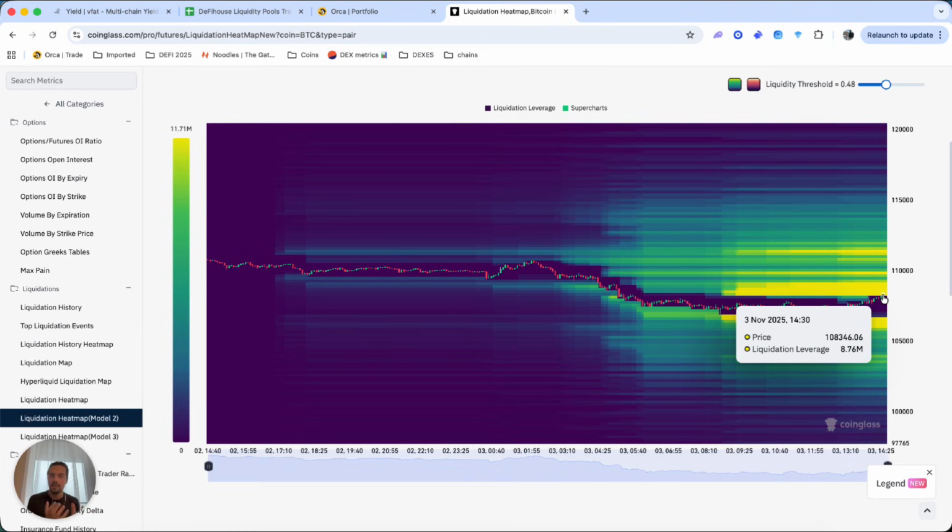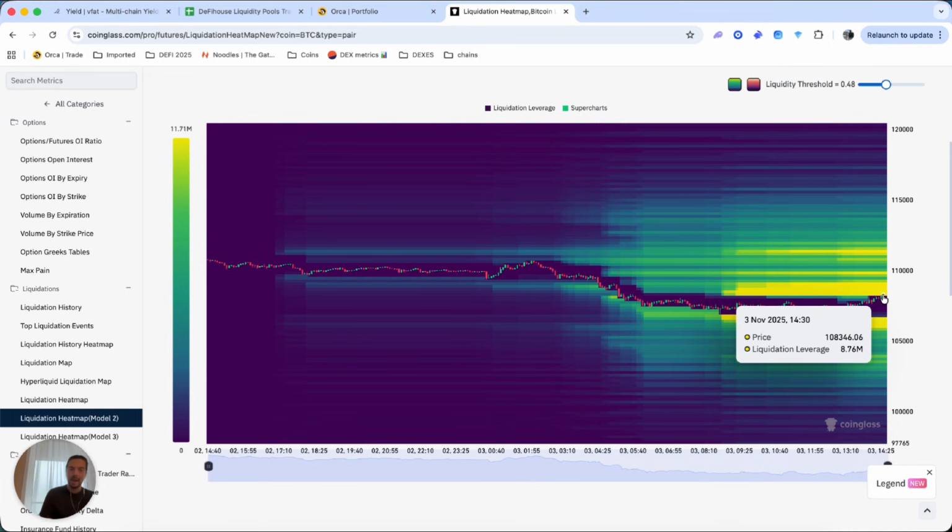Seeing this can help you understand where the price might feel attracted to, and whether there are more liquidations happening from the upper side above the current price or below the current price, so you know where the strong resistance sits.